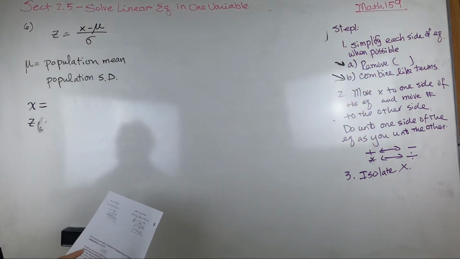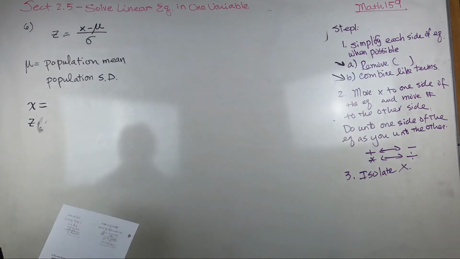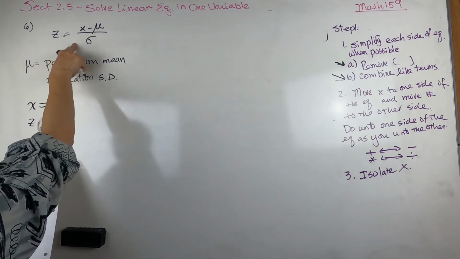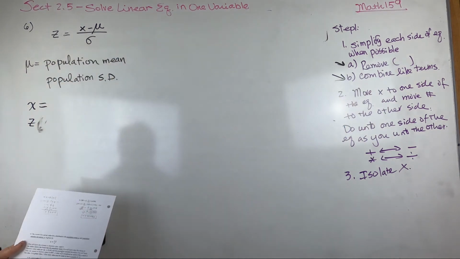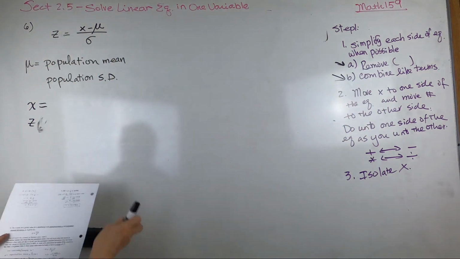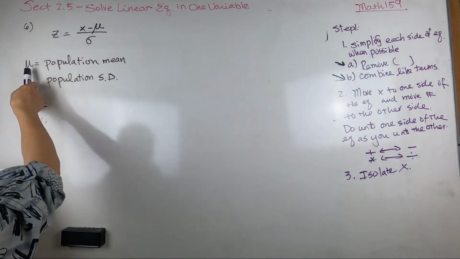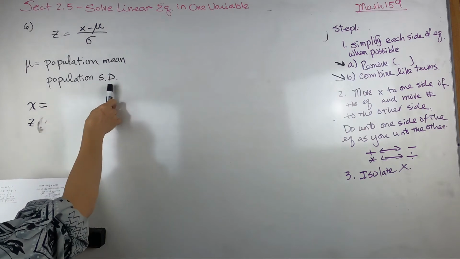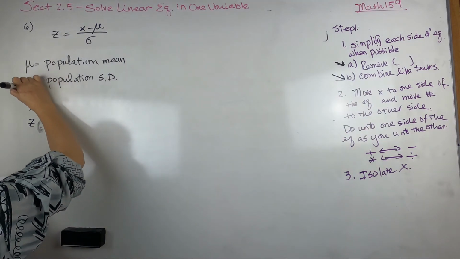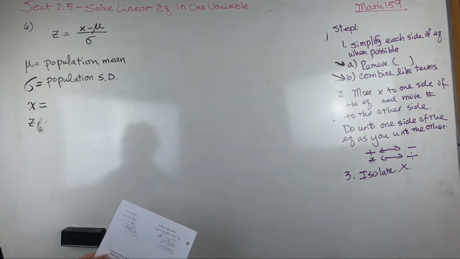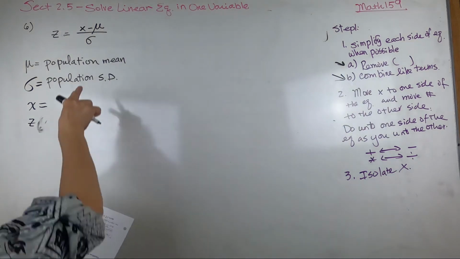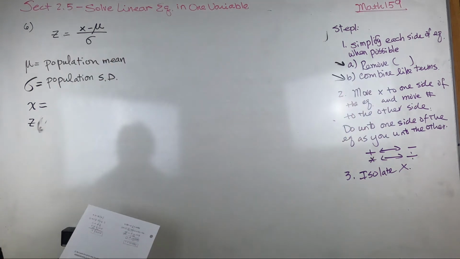So according to your question, read carefully when you first encounter those. It says the z-score is a given value, right? Given this formula with population mean, mu. Mu is your population mean. And the population standard deviation is the sigma. Okay, it's all given to you by this formula.